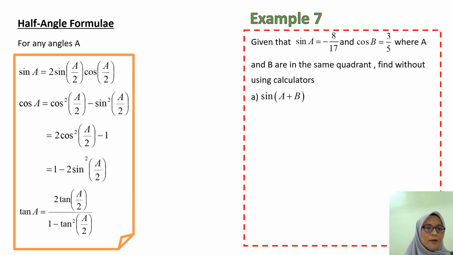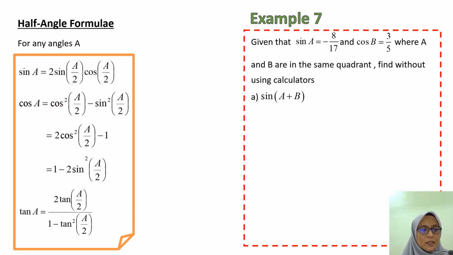Okay, so then half angle formula. Okay, so we have sin A equal to 2 sin A/2 cos A/2. So A/2 ni adalah half angle lah. Cos A equal to cos square A/2 minus sin square A/2. The second one is 2 cos square A/2 minus 1. The third one is 1 minus 2 sin square A/2.